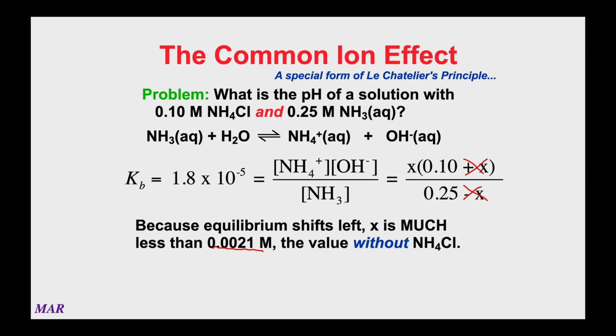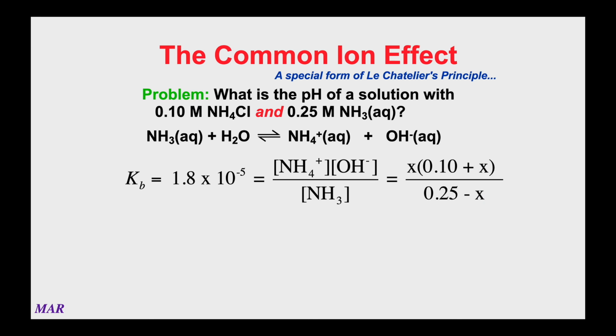So you are absolutely justified in canceling both the plus X and the minus X. Well, if you do that, then you get X, the hydroxide, equals Kb, which is the 1.8 times 10 to the minus 5, times the concentration of ammonia divided by the concentration of the ammonium. So 0.25 divided by 0.1 times Kb, that's how we're going to solve for the hydroxide. And hydroxide here then, the X comes out to be 4.5 times 10 to the minus 5.